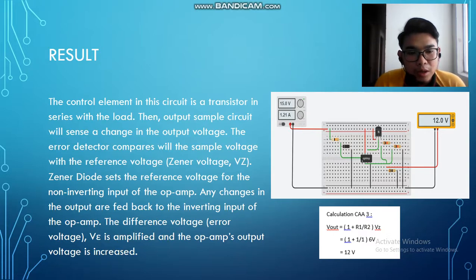So 1 plus 1 over 1, which equals 2, multiplied by 6 volt, and we got 12 volt. And this is my result based on my simulation from Tinkercad, and we see I got the same value from the multimeter and the calculation.